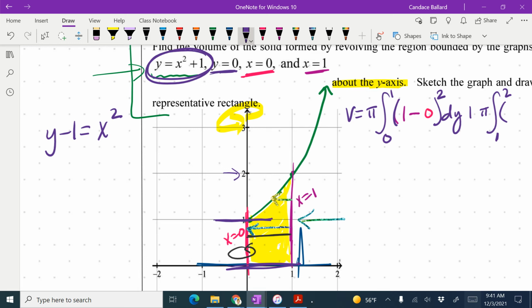Then I have to take the square root of both sides. Technically, it's a plus or minus square root. In our case, because of the bounds that we have, we really only have the positive case of that square root. So this thing is going to be the square root of y minus 1.